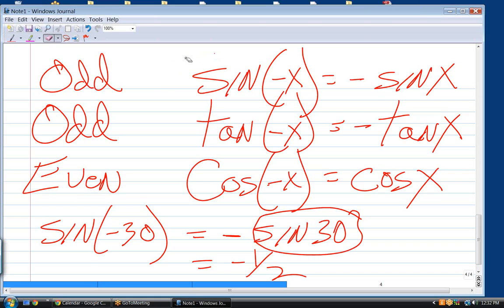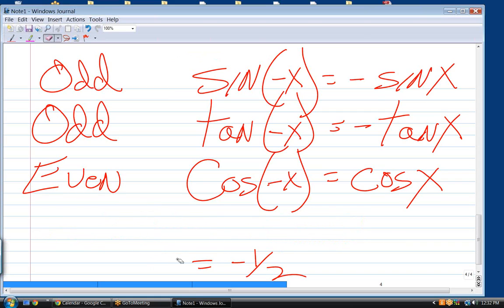Okay? So you want to memorize that stuff. Trig is all about memorization. It really is. More memory required in trig than any math prior to that. So memorize the odd even of your 3 primary trig functions.